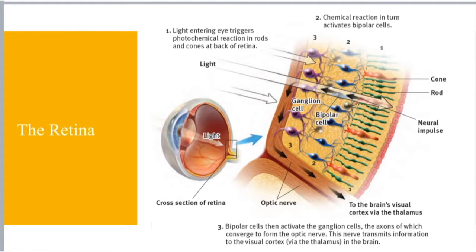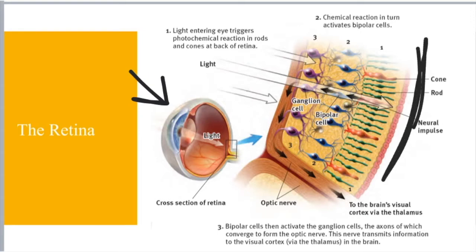On the left here, that's the full eye, and as light is passed to the back of the eye, it's inverted, and we take a cross section of the retina and see what exists within it. We know that the light in the eye triggers photochemical reactions in the rods and cones at the back of the retina.